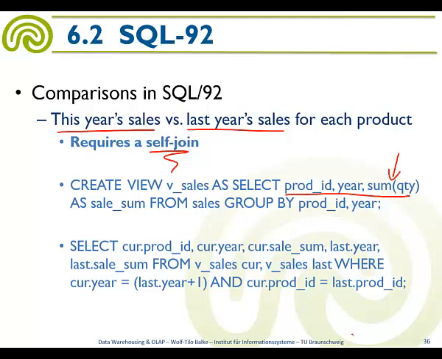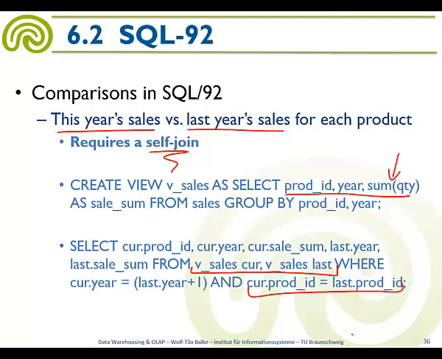Well, basically, we have to do a self-join between the current sales values and last year's sales values, where the product ID is exactly the same, right?